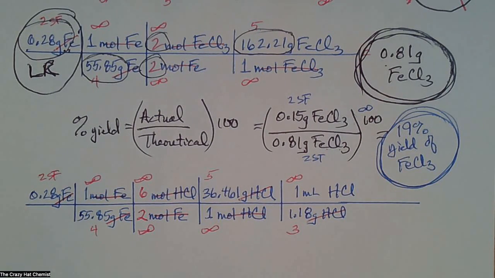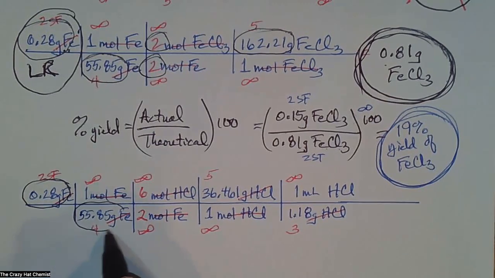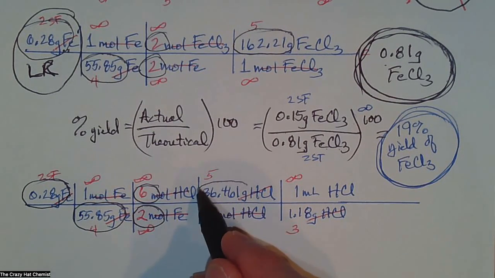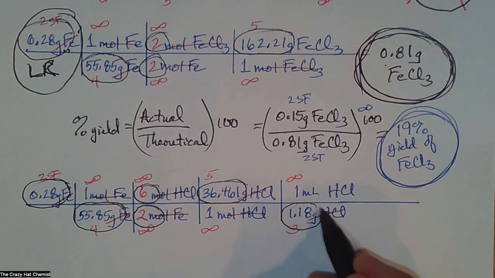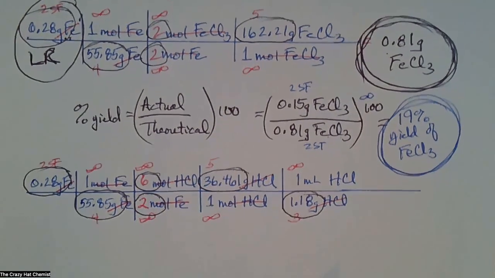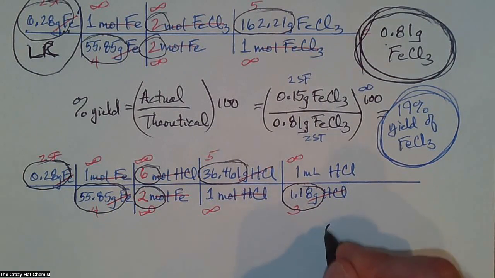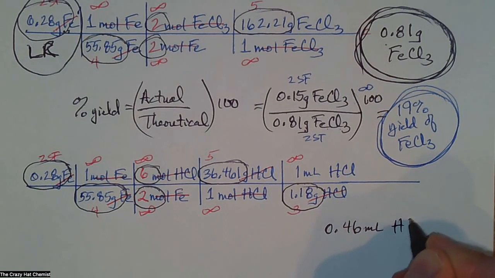And then I'm going to type into my calculator the following: 0.28 divided by 55.85 times 6 divided by 2 times 36.461 divided by 1.18. And then I'm going to round that to 2 significant figures. That will be 0.46 milliliters of HCl.